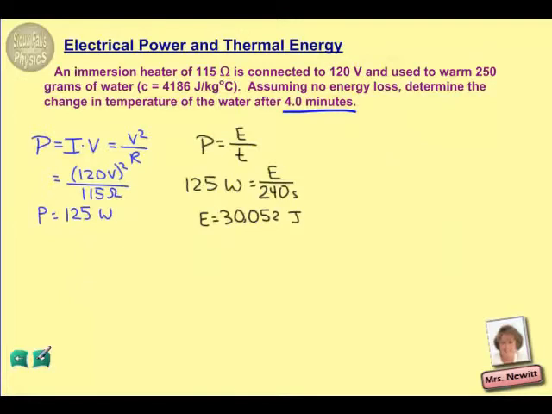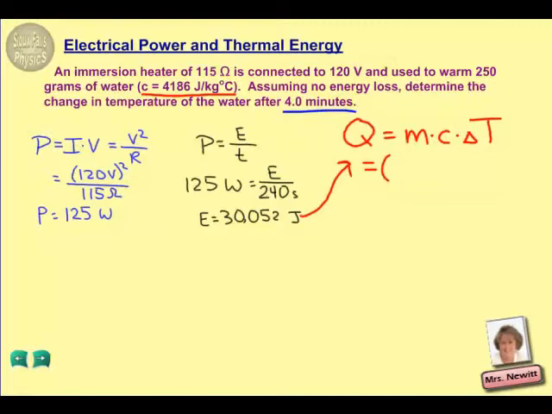At this point, we can go back to an equation from previous units on thermal energy. When we talk about thermal energy, remember that our label is Q, and that is equivalent to the mass times the specific heat times the change in temperature. So in this case, we can take the energy amount that we just received and put that in for Q. Notice that our label for specific heat given in the problem is 4,186 joules per kilogram.